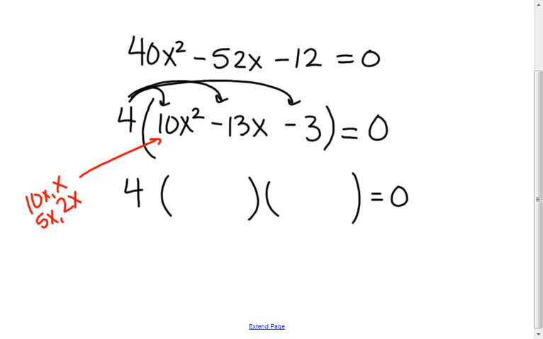So the 2 fronts have to make that. The back, negative 3. And by the way, you guys, I forgot to talk about this, but make sure you bring down that 4 that you pulled out. Don't forget about it. Make sure you bring it down, okay?